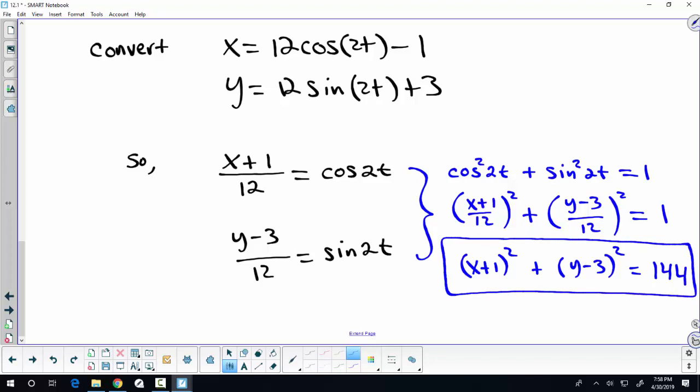Although that's kind of sufficient to get our bearings and say, okay, I'm looking at an equation that describes a circle of center negative 1, 3 with a radius of 12, that doesn't tell us anything about the orientation or the initial and terminal points. So it's only part of the story, but at least we have our bearings as to what we're dealing with.